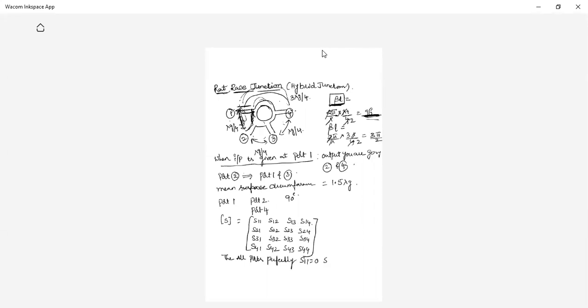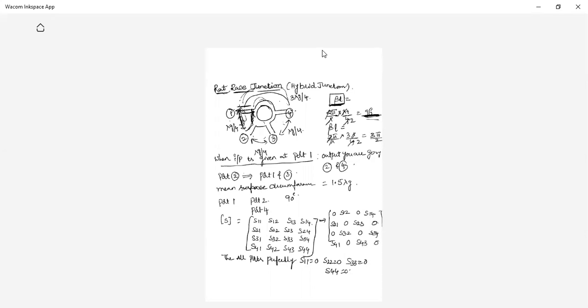S11 is equal to 0, S22 is equal to 0, S33 is equal to 0, S44 is equal to 0. Now, what is my S matrix? If I apply this condition: 0, S12, 0, S14; S21, 0, S23, 0; 0, S32, 0, S34; S41, 0, S43, 0.